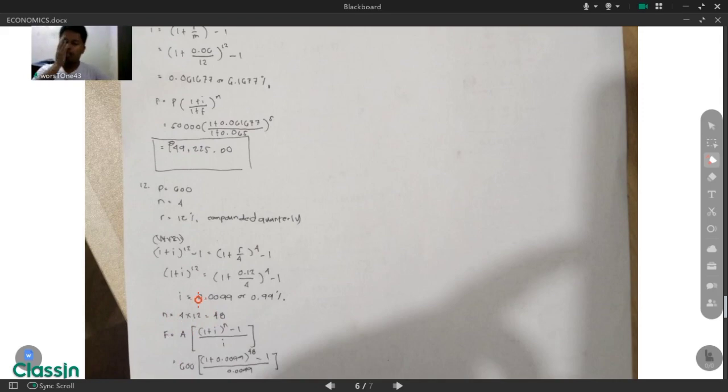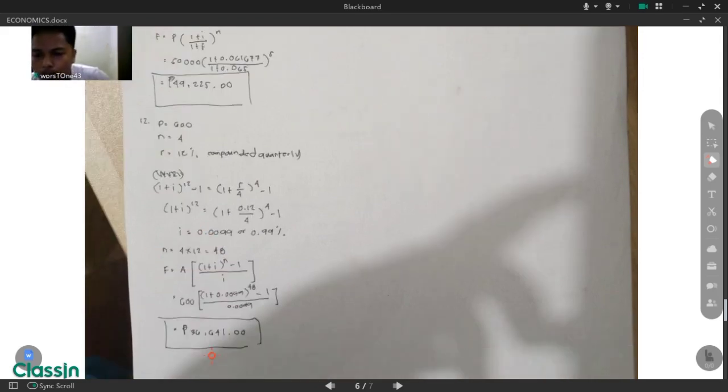To have equal rates, we must have equal effective rates. So 1 plus i to the power of 12, minus 1, equals 1 plus r, to the power of 4, minus 1. Here r is the nominal rate, and the overall expression is the effective rate, or the rate of effectivity.